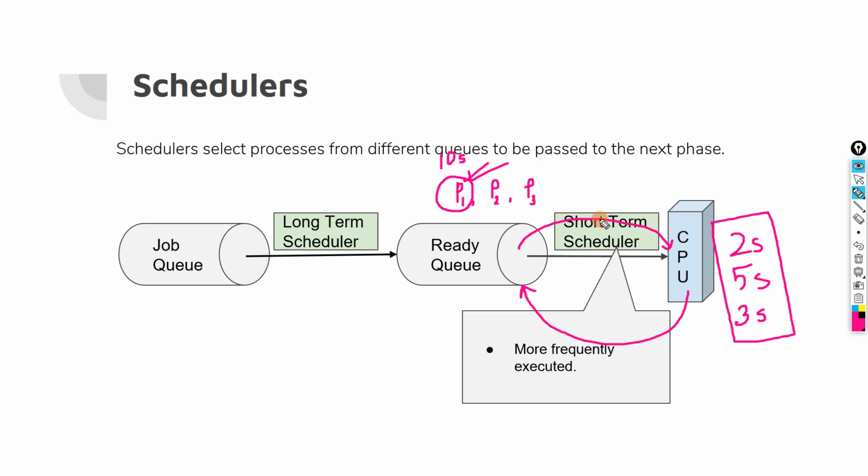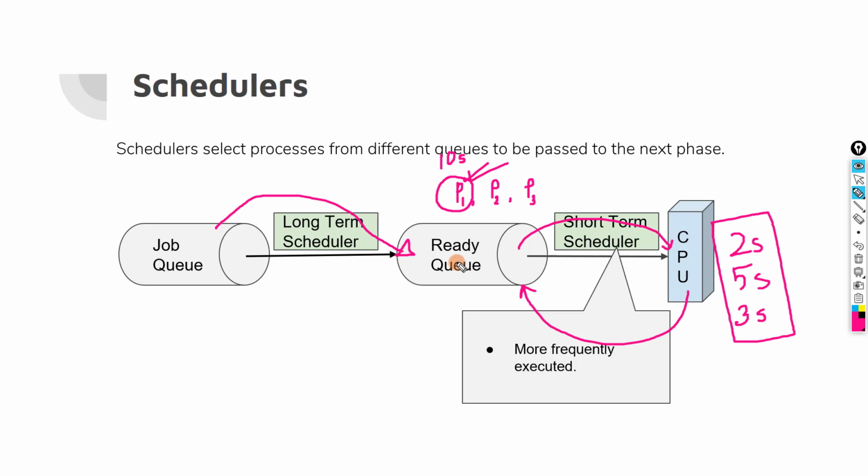So the short-term scheduler worked 3 times here to pick P1 from the ready queue to the CPU. But if we think about the long-term scheduler, it picks a process from the job queue to the ready queue only if there is any empty space in the ready queue.